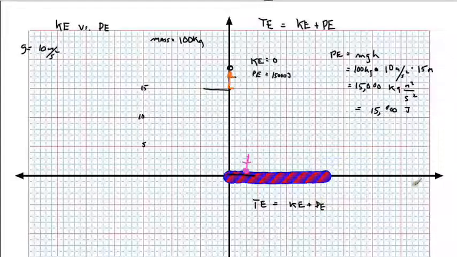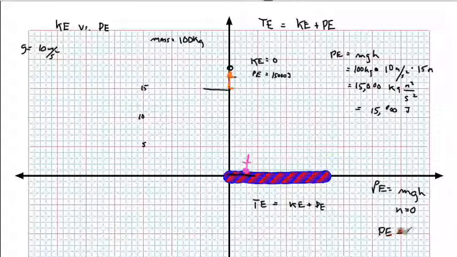Okay, but this time, potential energy, which is still equal to mass times gravity times height, his height is equal to 0. He's almost touching the ground. Therefore, potential energy must equal 0. So I'm going to write that down over here. PE, which used to be 15,000 joules, is now equal to 0.